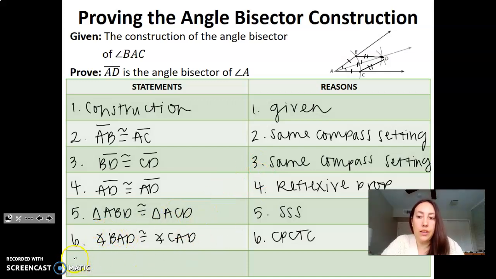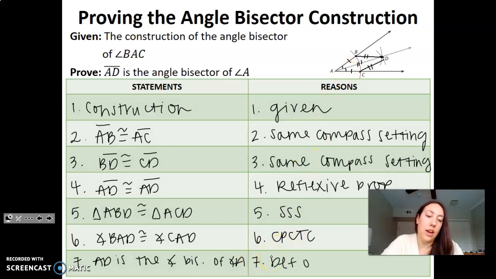And if those two little angles are congruent, then we know for a fact AD is the angle bisector of angle A. Right? We know it's been chopped into 2 equal pieces, so that would be the definition of a bisector. So now we have proven why this construction results in an angle bisector.